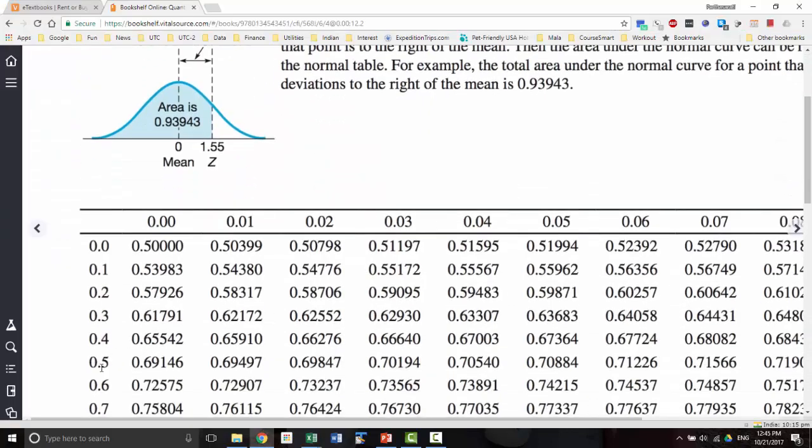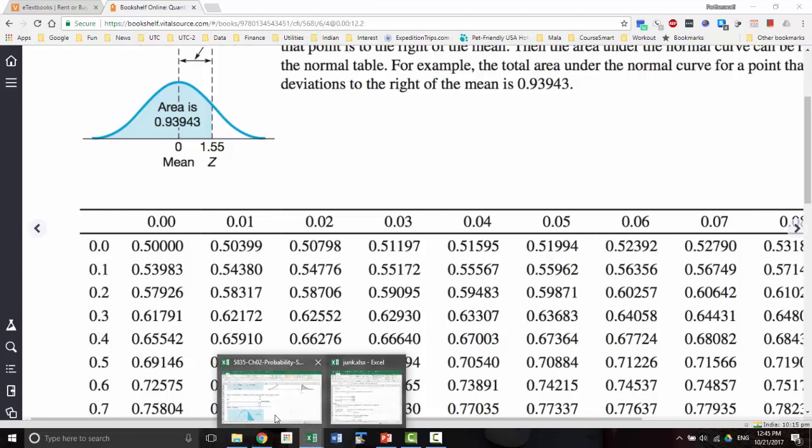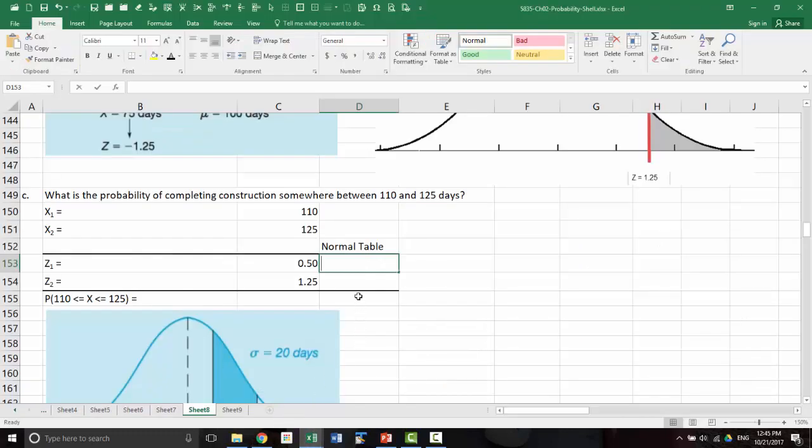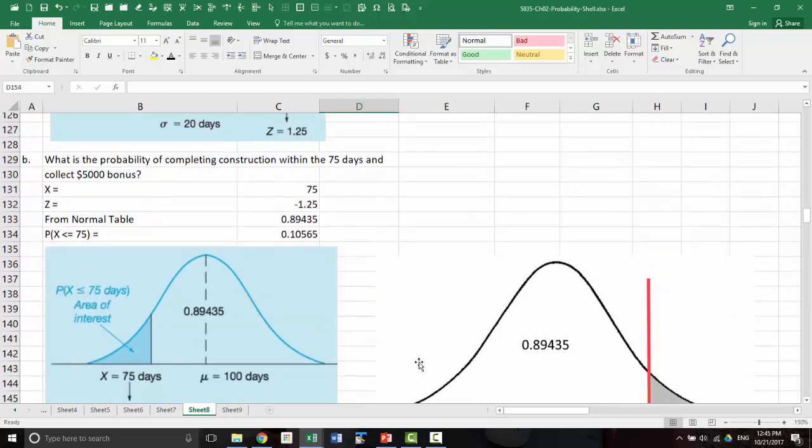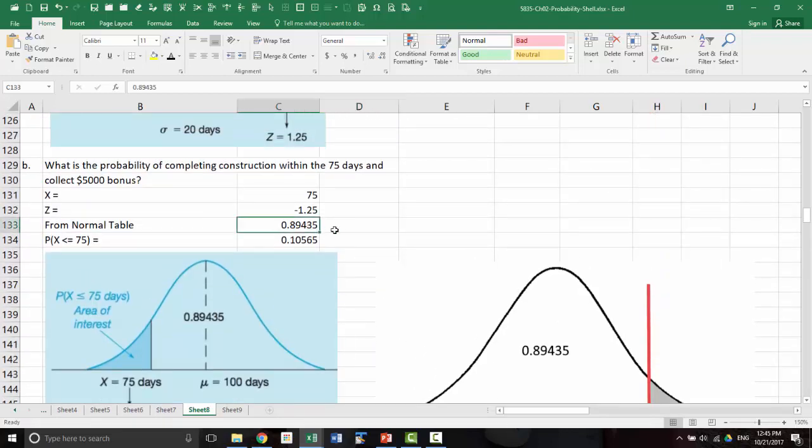For z of 0.5, so 0.50, that would be this: 0.69146. Now for z sub 2 of 1.25, we already have that value right here.